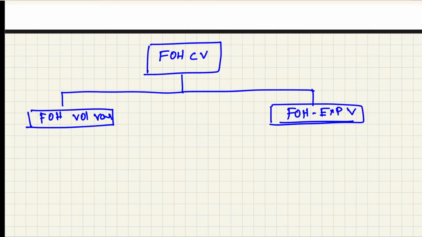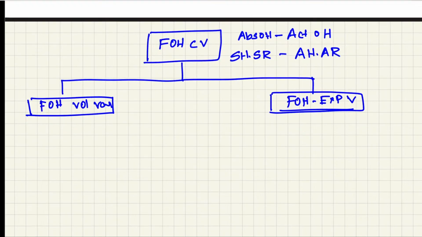So the formula for fixed overhead cost variance, the topmost, is absorbed overhead minus actual overhead. So this considers only fixed overhead. The formula for absorbed overhead is standard hour into standard rate. And similarly, actual overhead is actual hour into actual rate.